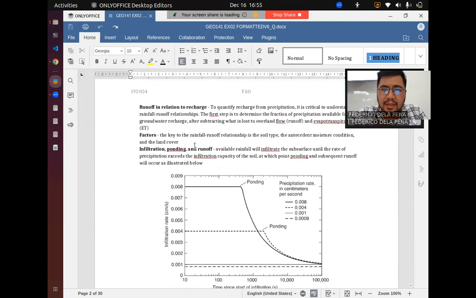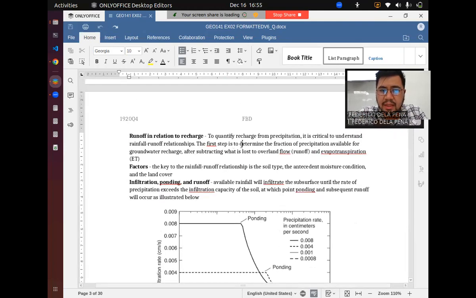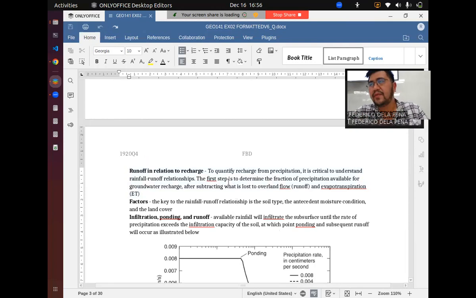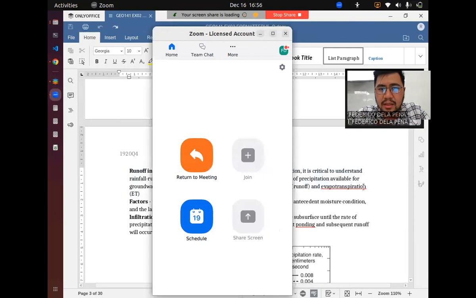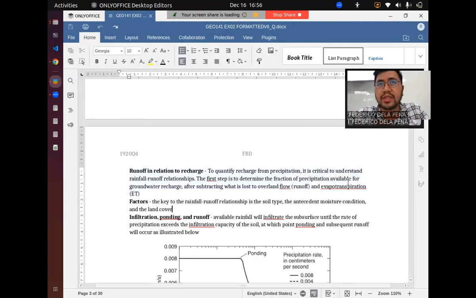Now, as I've discussed in the first exercise, we talked about the watershed or the hydrologic budget, which basically involves just looking at the watershed and observing its boundaries: how much water is entering the watershed and how much water is exiting the watershed.